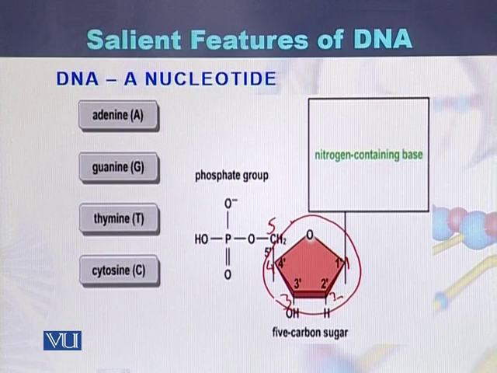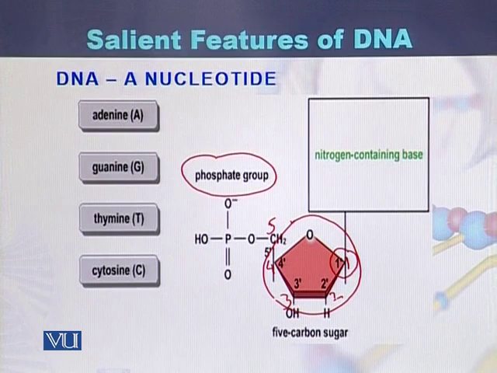So the 5-carbon sugar is also called pentose sugar. The nitrogen containing base is attached at carbon number 1, while the phosphate group is attached at carbon number 5.